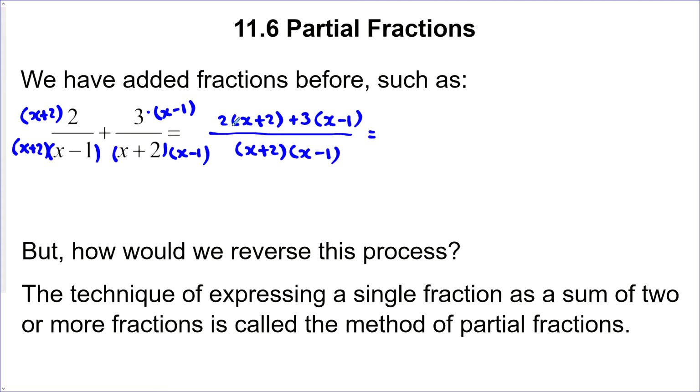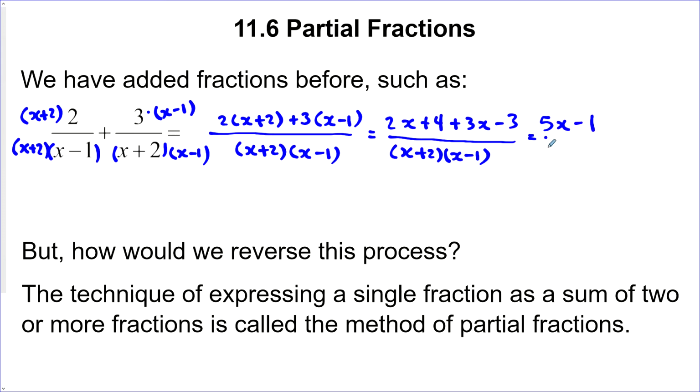But let's multiply these in and collect up the like terms to simplify the numerator. So again, let's just leave the denominator factored here, and in the numerator we get 5x minus 1, and we've added them together.